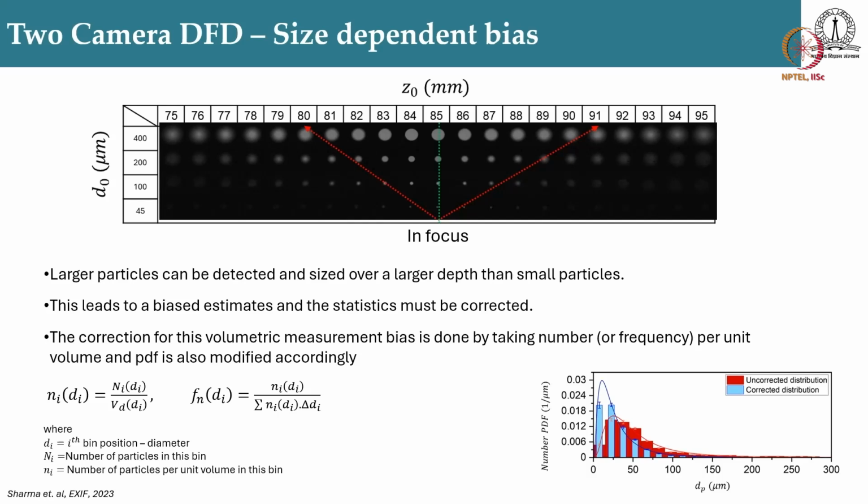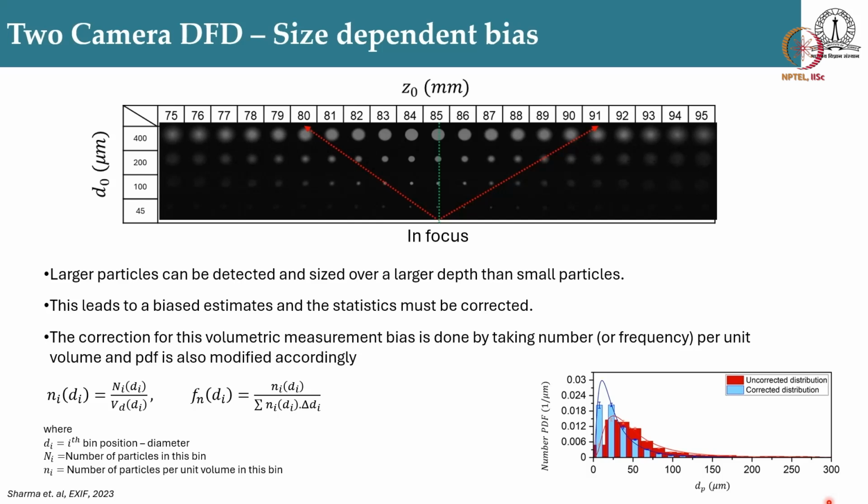How is it done? Instead of counting the number of particles in each bin in the histogram, we can count the number of particles appearing per unit volume. If we regularize it using per unit volume, then irrespective of the size of the volume, we are averaging it, and in that way we can correct it.